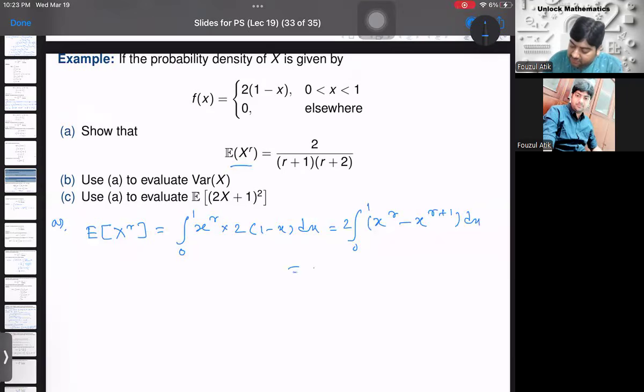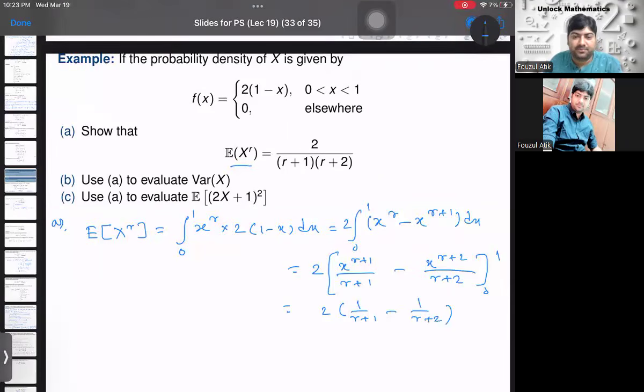And now it is a very straightforward integration. The integral of x to the power r is x to the power r plus 1 divided by r plus 1, minus x to the power r plus 2 divided by r plus 2, and the limit is between 0 to 1. Therefore this value is 2 into 1 by r plus 1 minus 1 by r plus 2, because 0 will give you 0.